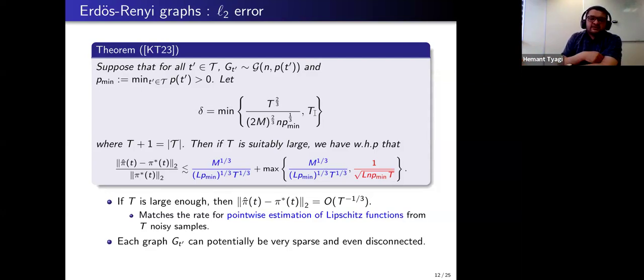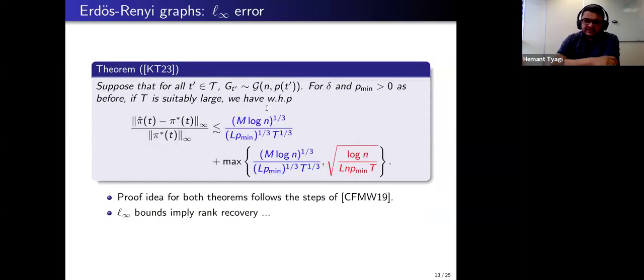So all these things are non-asymptotic, and you can plug in all these constants. And similarly, you can show an L infinity rate. So again, in the same setting, you have the same type of L infinity rate, but with a log n factor appearing, and the error goes to 0 at the rate t to the 1/3. And the proof technique is really, we just followed the technique from this paper of Chen.